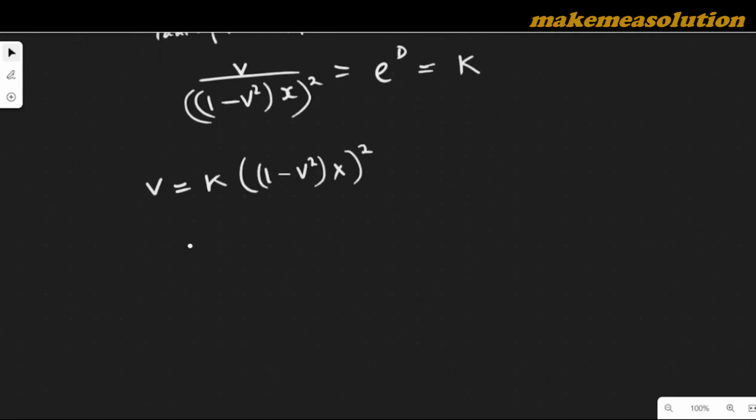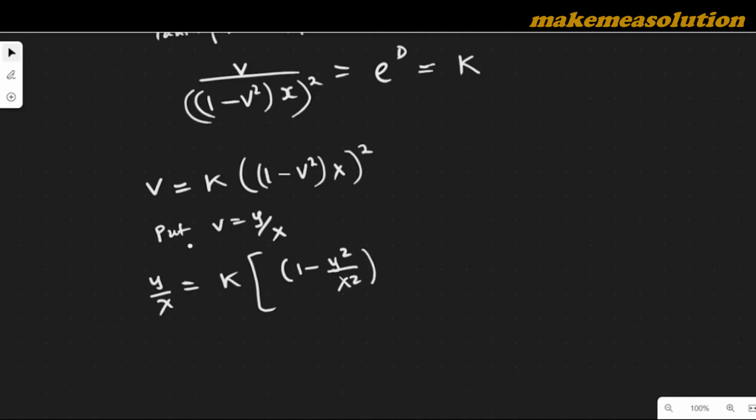So this is not the end. You still have to what? Very good. Put v equal to y over x. So let's begin. If v is y over x, this is what we're going to have. We'll have y over x is equal to k into, so let's be careful here, 1 minus y squared over x squared, then x like this all squared.